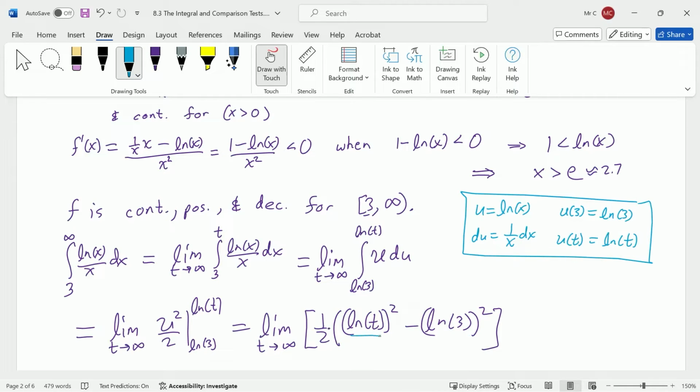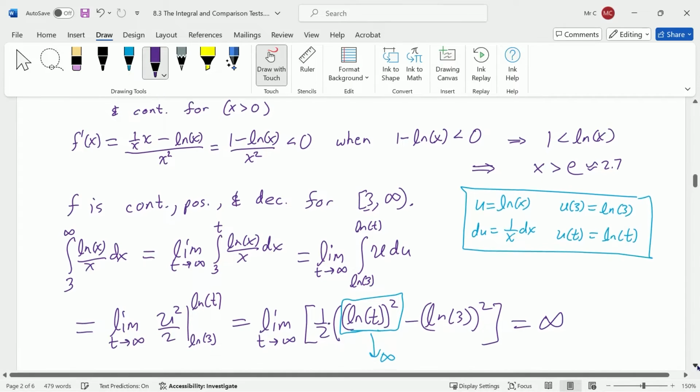And the natural log, when t goes to infinity, goes to infinity. And so when I square that, it's also approaching infinity. And so this whole limit is approaching infinity.